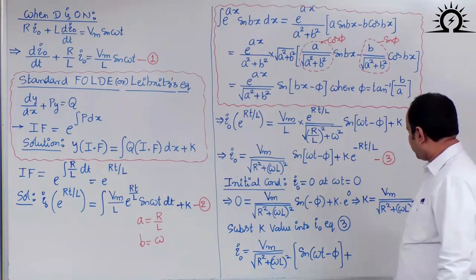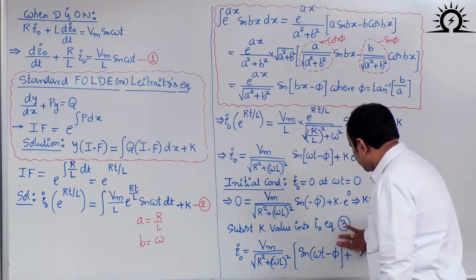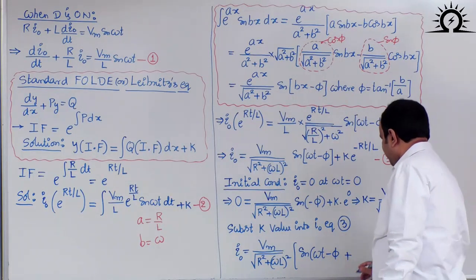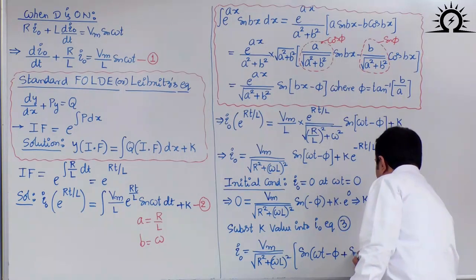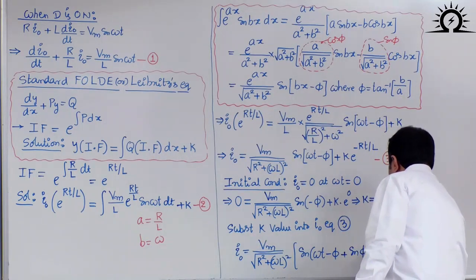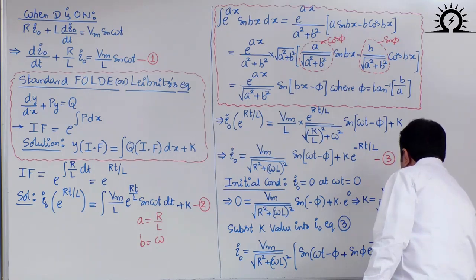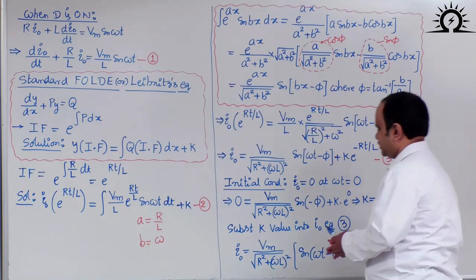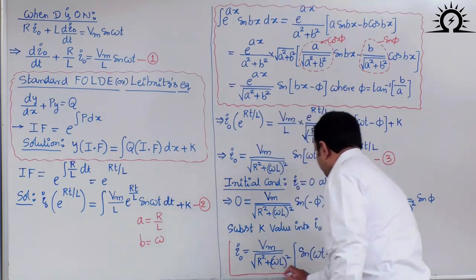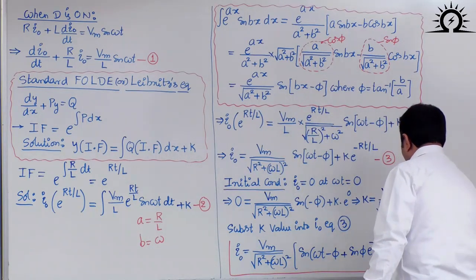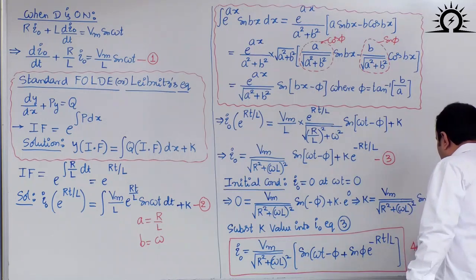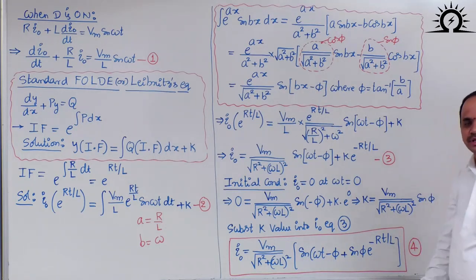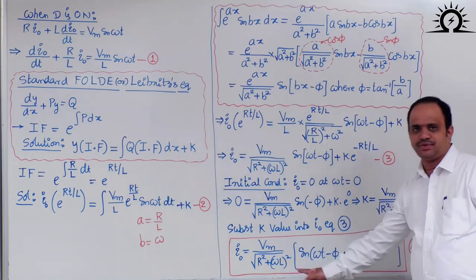I can take that term outside, so let us take common, plus sin phi multiplied with e power minus Rt by L. So this is the final solution for output current.